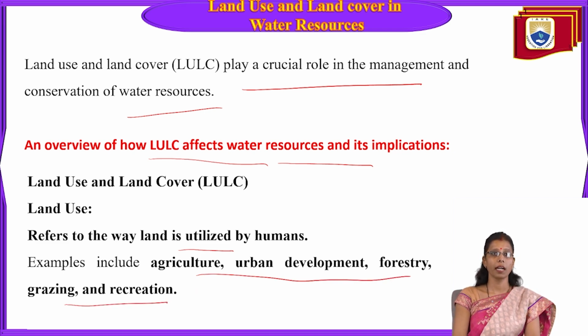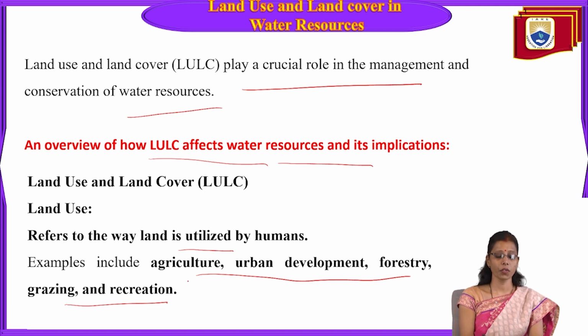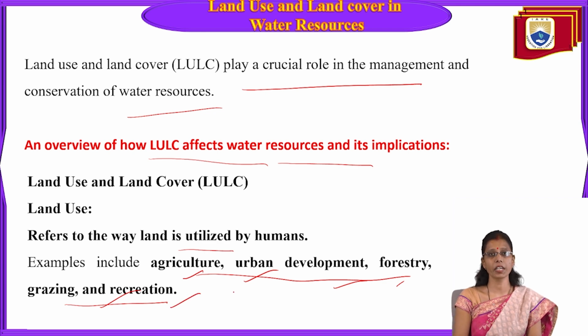So land use is utilization, as I said in the previous slides, of the land by anthropogenic activities, that is, human activities. When you talk about utilization, agriculture, urban development, forest, grazing, and recreation are the different examples of this.